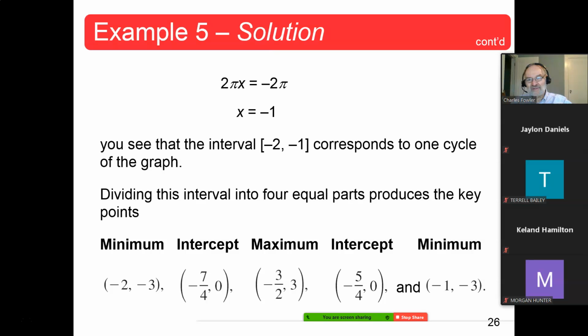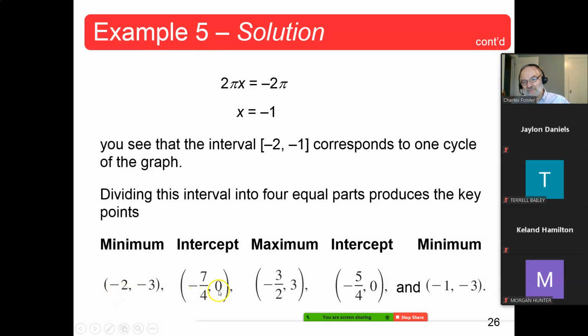I would have already done that. Dividing that interval into 4 equal parts produces -2, -3, that first one, because you start normally at a +1 for cosine, but this was a 3, but it's a -3, so you start down here. Then the next one is going to be 1/4 of a unit from -2. See, this is such an awkward way to do it.